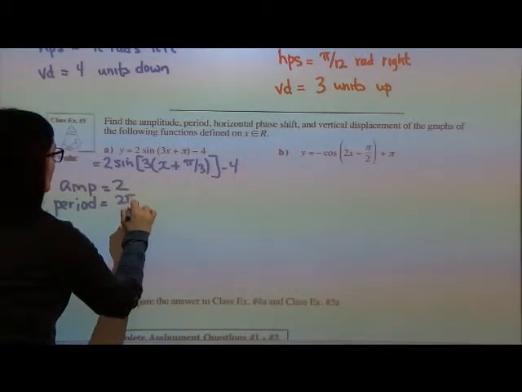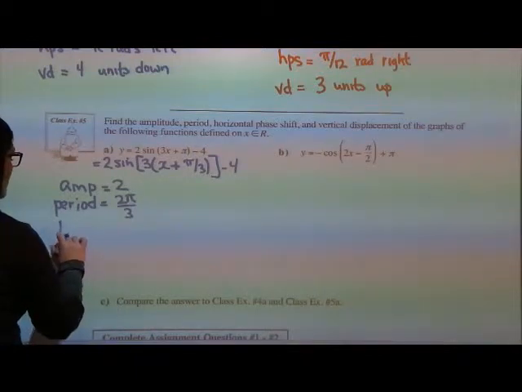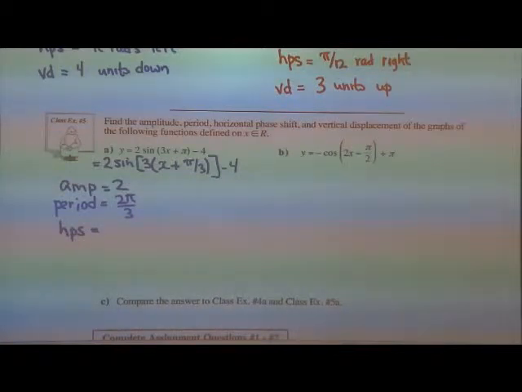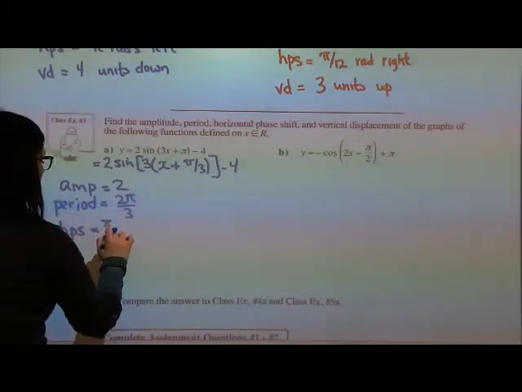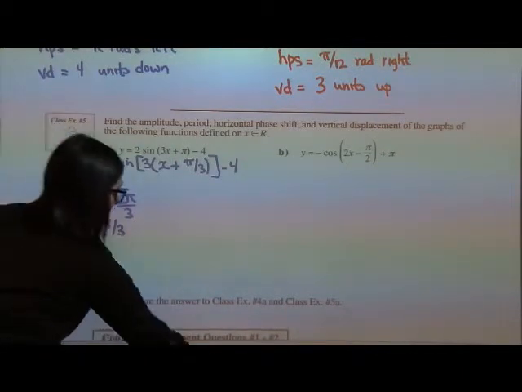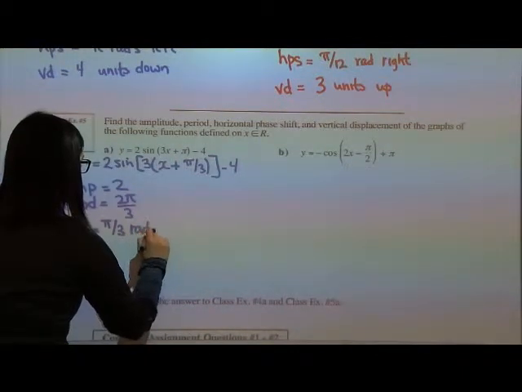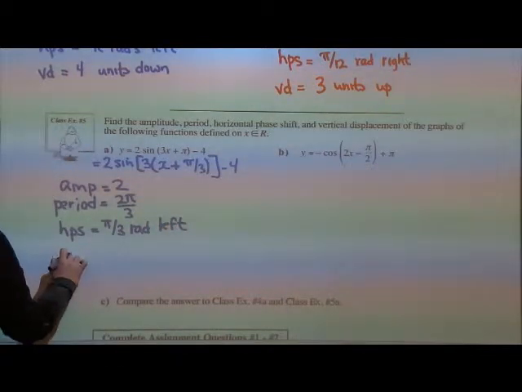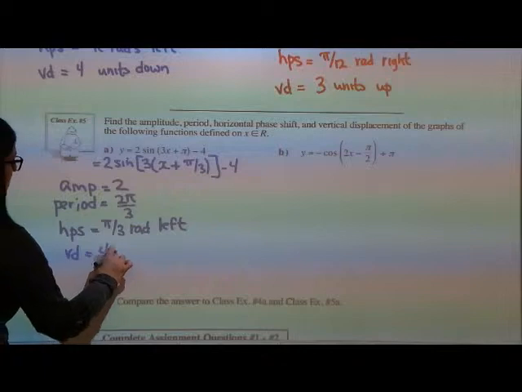Good. The horizontal phase shift. Pi over 3 radians up. Radians in there. And the vertical displacement. 4 units down.